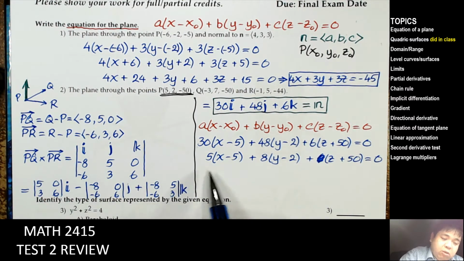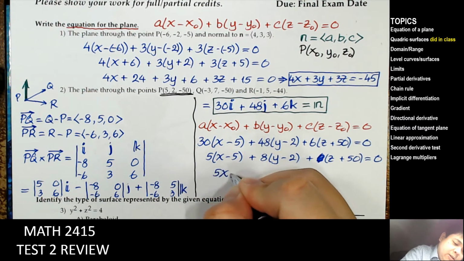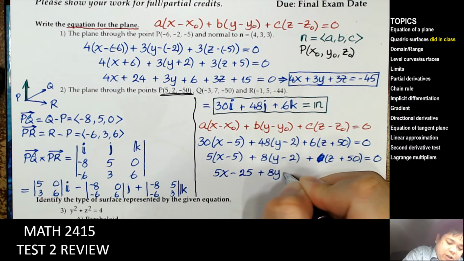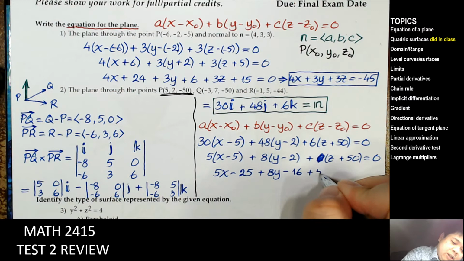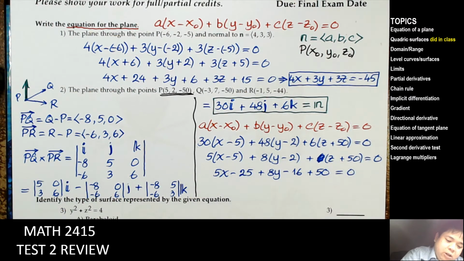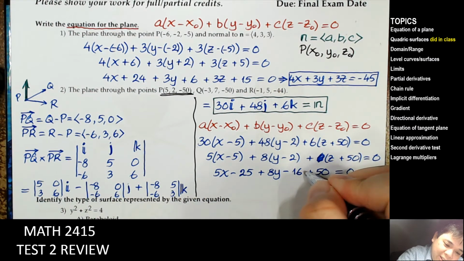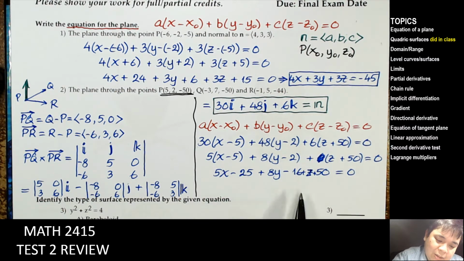I would multiply it out. 5x minus 25, 8y minus 16, plus z plus 50 equal to 0, sorry. Right.